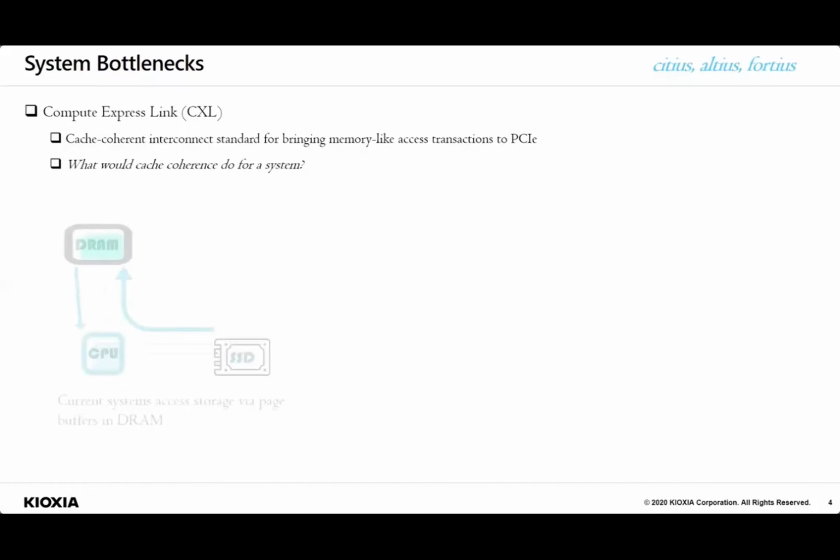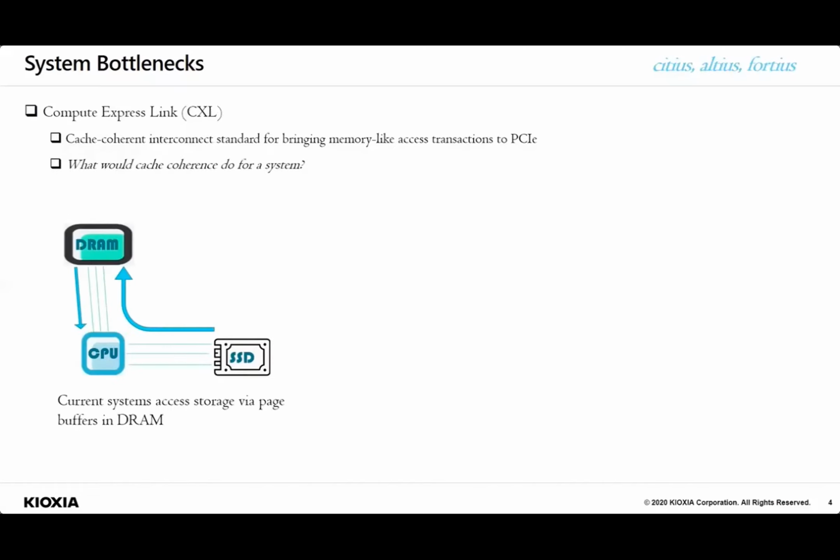Prior to CXL, the most effective way to use PCIe attached storage devices was by accessing them as block storage. In such a mode, the operating system initiates a DMA of stored data from the SSD to the pre-allocated regions in the CPU attached DRAM called page buffers. Applications would then subsequently access this paged data from the DRAM buffer.